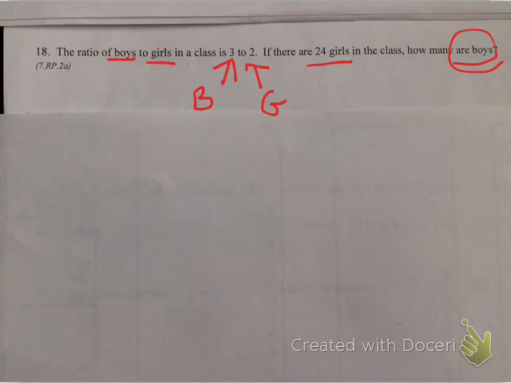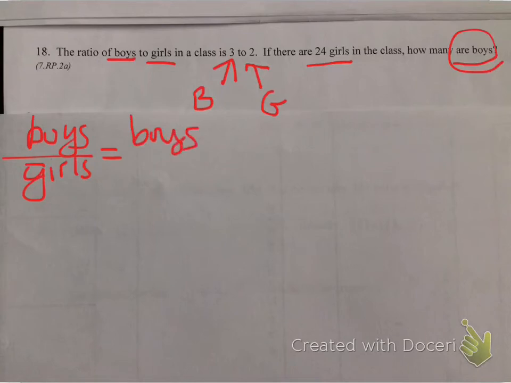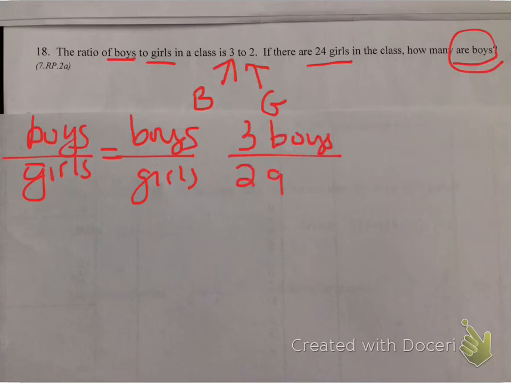So we could do boys to girls equals boys to girls. So I have 3 boys over 2 girls.